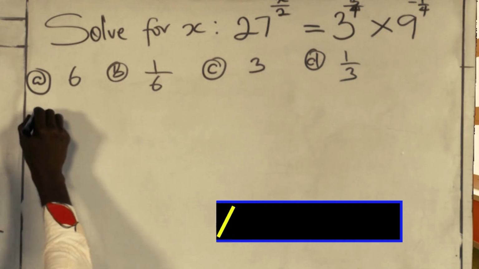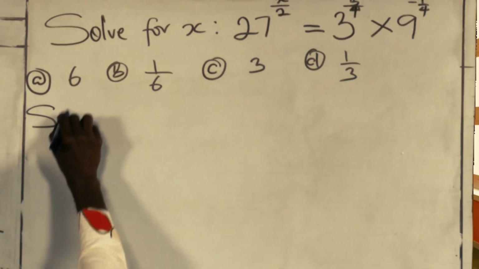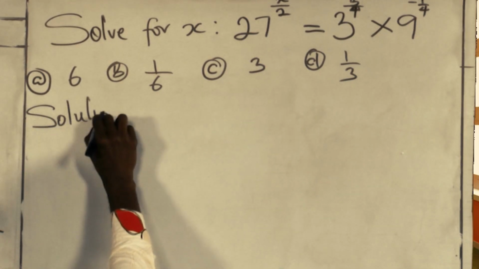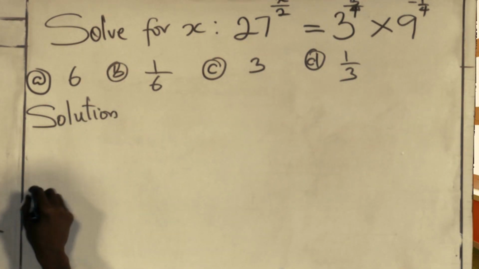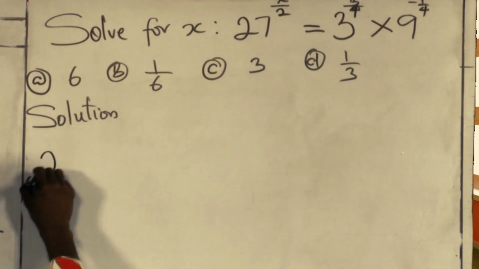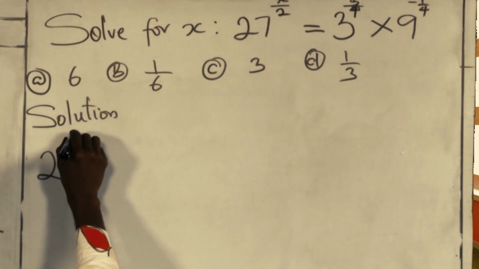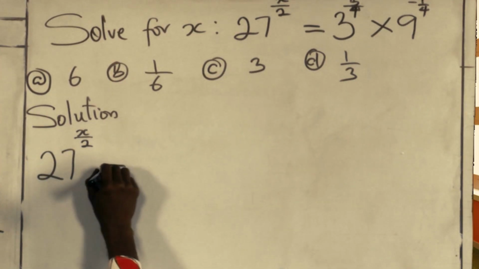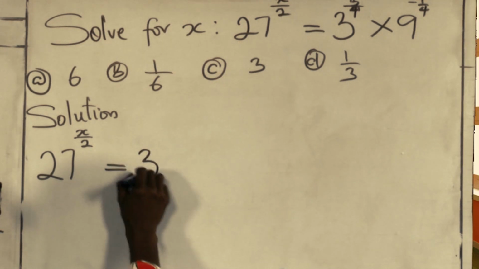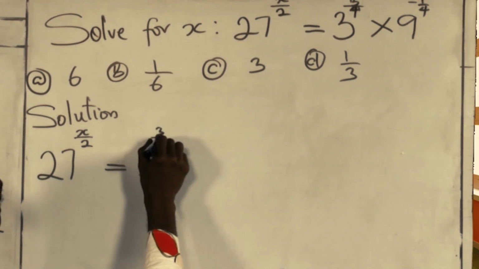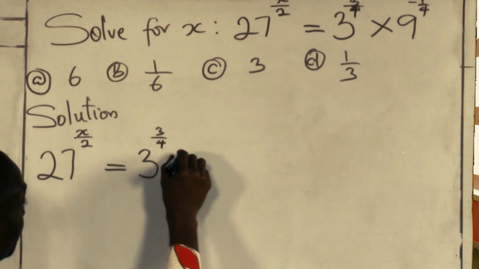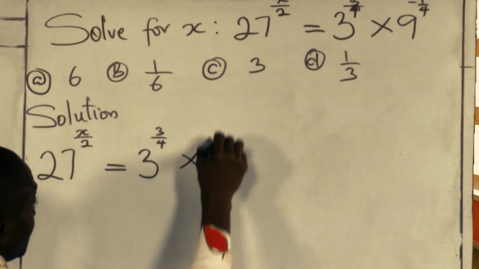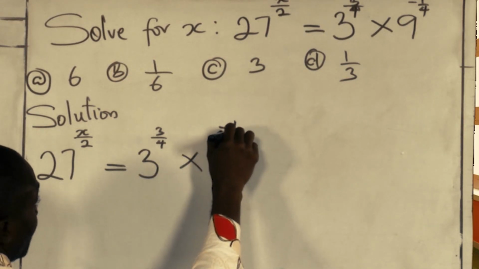Okay, solution. We have 27 raised power x over 2 equal to 3 raised power 3 over 4 multiplied by 9 raised power minus 1 over 4.